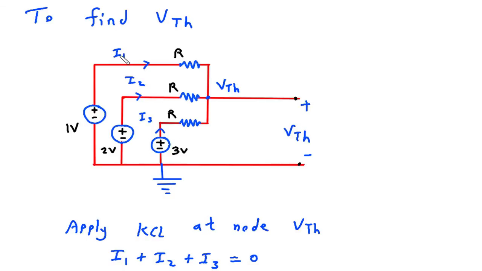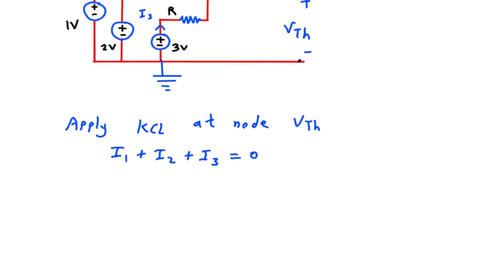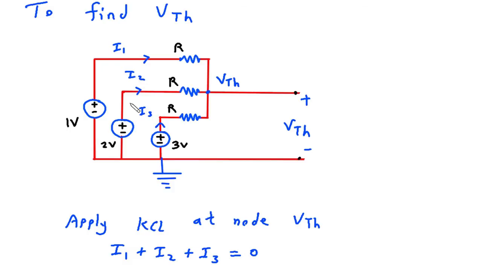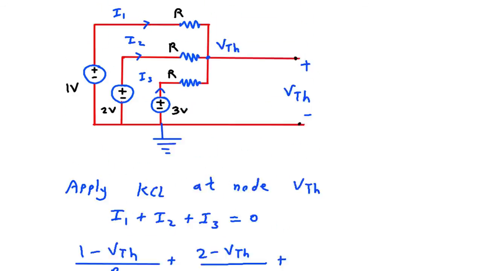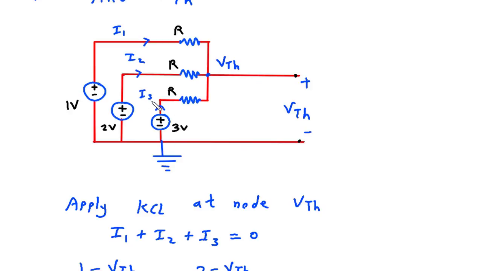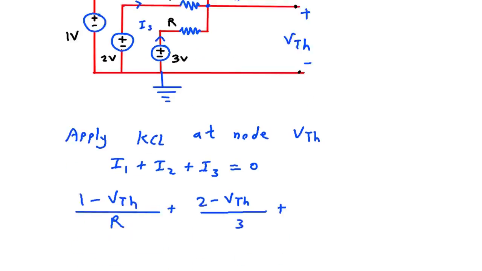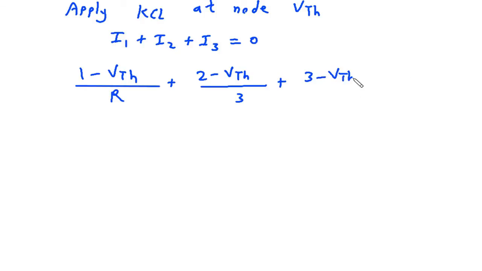Now I1 is (1 minus VTH) by R, plus I2. I2 is (2 minus VTH) by R, plus I3. Now I3 is (3 minus VTH) by R, is equal to 0.